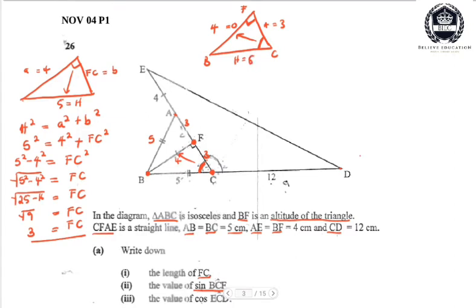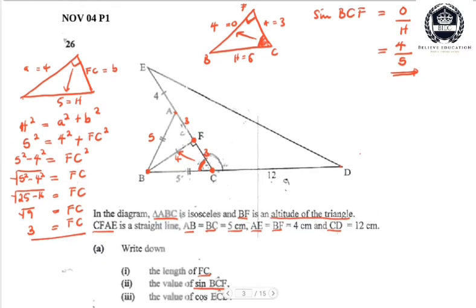So I'm asked to find the value of sine of BCF. So that one will be equal to the opposite over hypotenuse. This angle was my BCF, so my opposite will be equal to 4, and then my hypotenuse is equal to 5. So I find that my sine BCF is equal to 4 over 5.